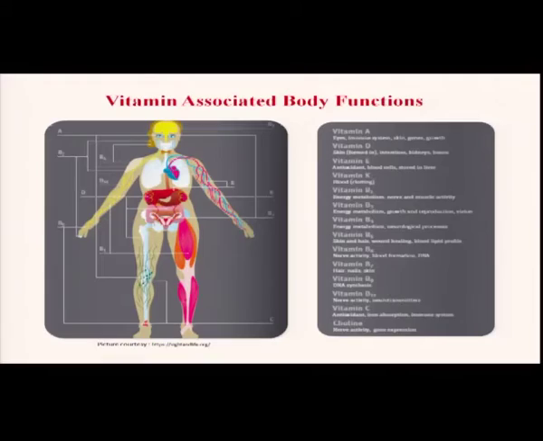So in fact, we started this session with a little bit on what exactly we are going to look at as the vitamins associated with body functions. So I gave you an overview of how every vitamin is connected with every physiological function. So this was a picture that gives you an overall feel of how essential vitamins are.